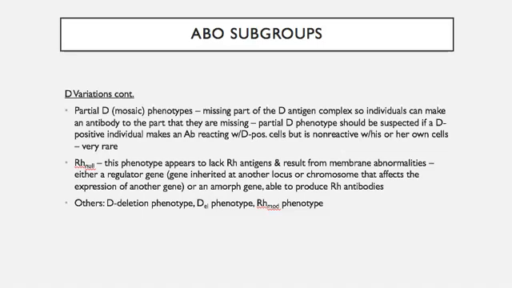Rh null, this phenotype appears to lack Rh antigens, and it results from a type of membrane abnormality. So either a regulator gene or an amorph gene is able to produce Rh antibodies. And then some of the other D subgroups are D deletion phenotype, the Del phenotype, Rh mod phenotype, but we're not going to talk about those.